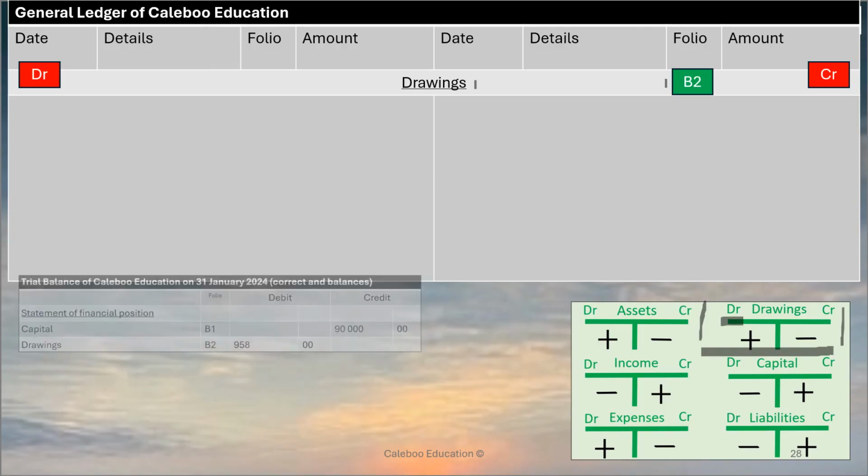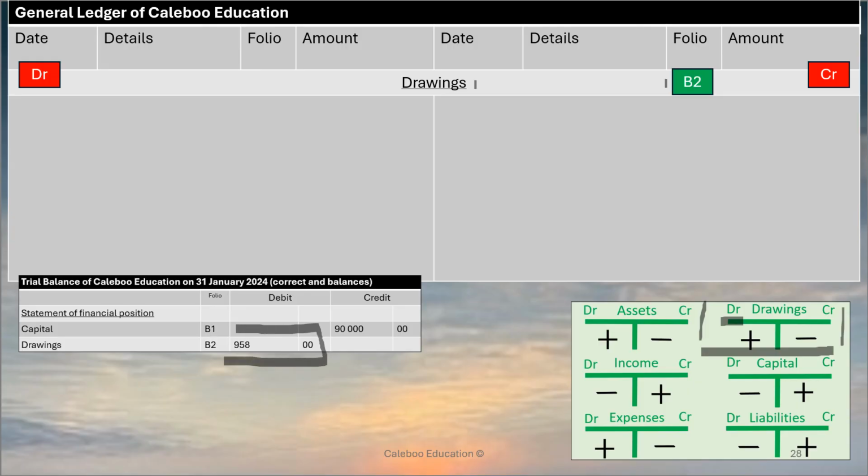Let's see, there was an opening balance. I showed you that already. The opening balance was 958. It's a debit balance because the increase in drawings was originally debited according to the rules. There's the opening balance on the 1st of February, 958.